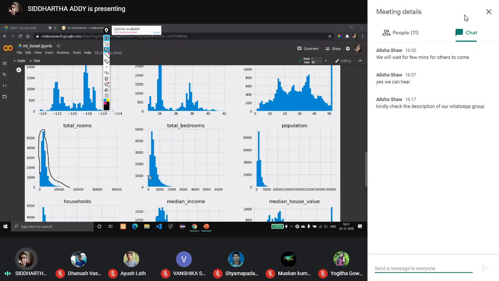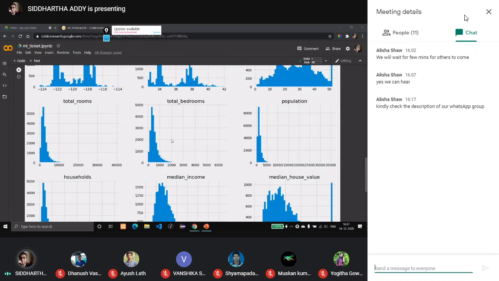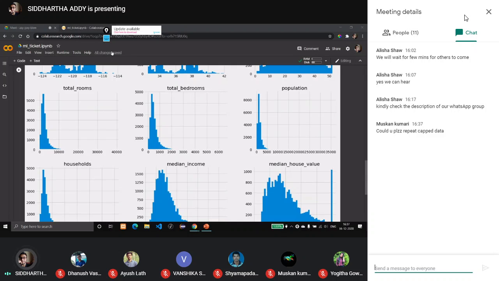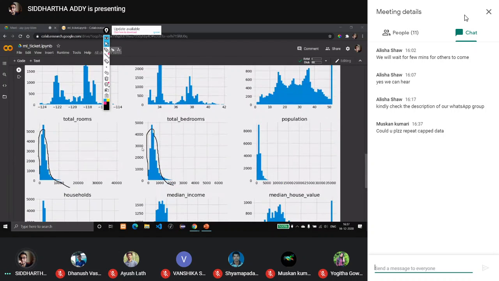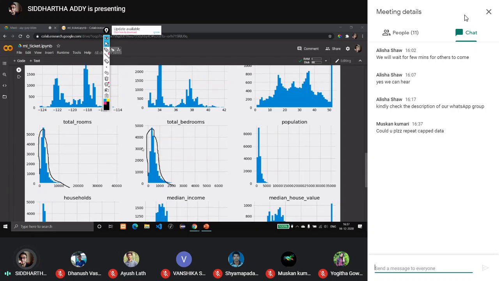This graph is also like this. You notice that every graph you are looking at is like this only, right? So what is the deal with it?